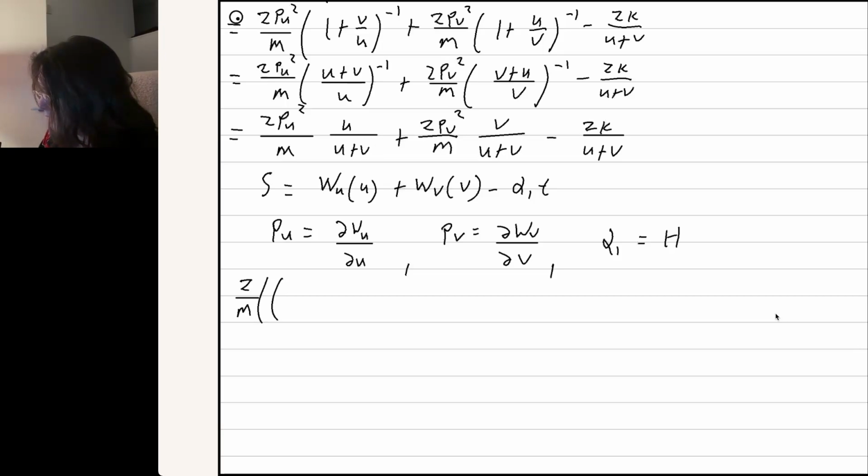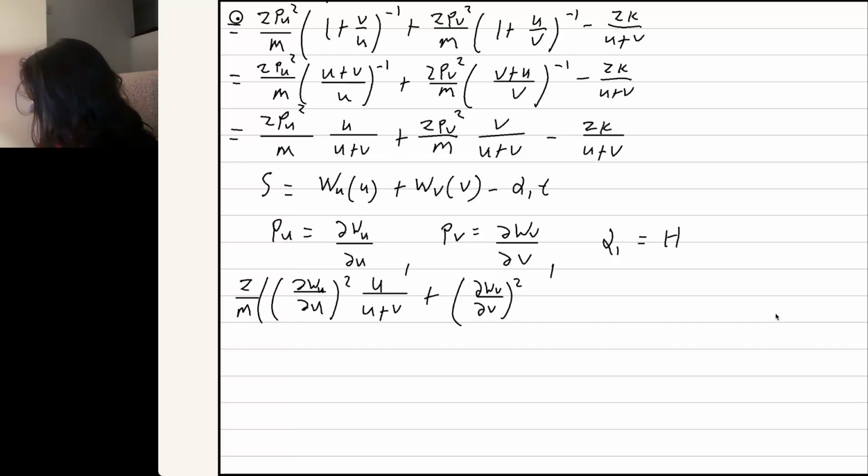So it's going to be (del W_u over del u) squared times u over u plus v, plus (del W_v over del v) squared times v over v plus u right there, and then minus 2k over u plus v is equal to alpha 1. That's the Hamilton-Jacobi equation.